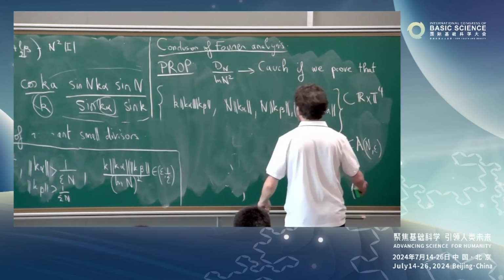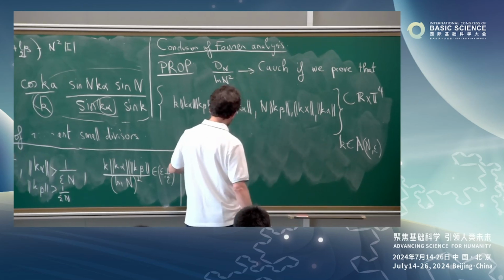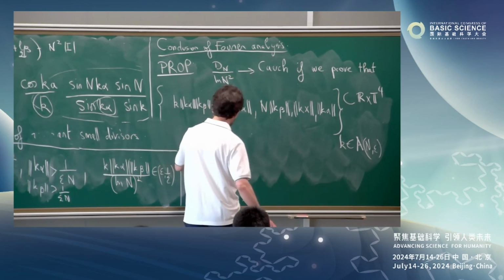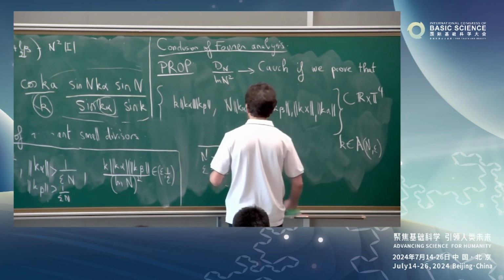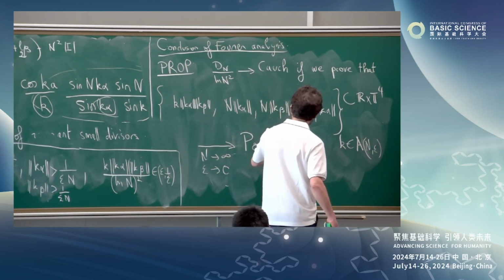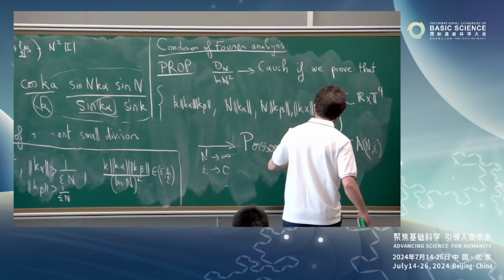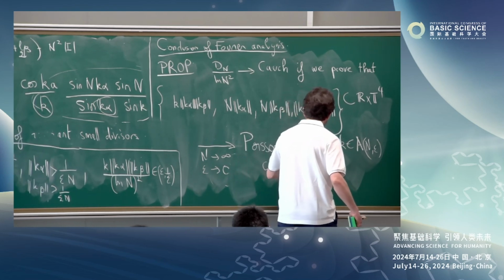And what you want is to show that when n goes to infinity and then epsilon goes to 0, it must converge to Poisson with constant intensity.